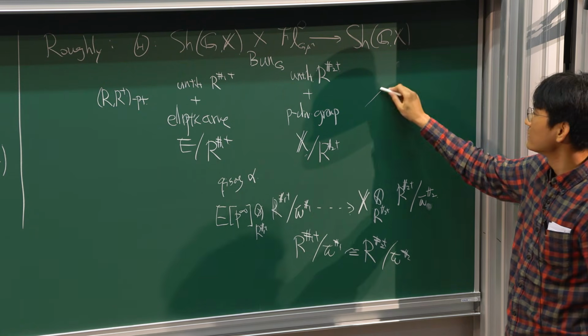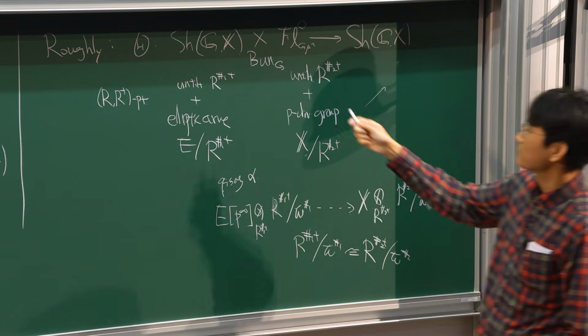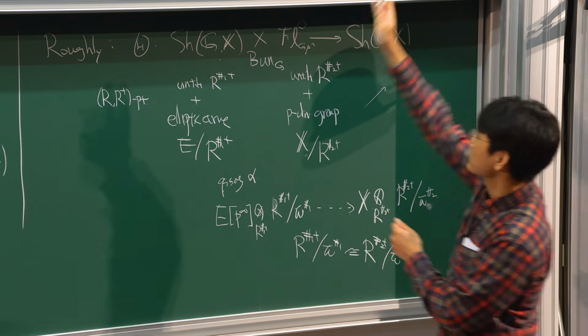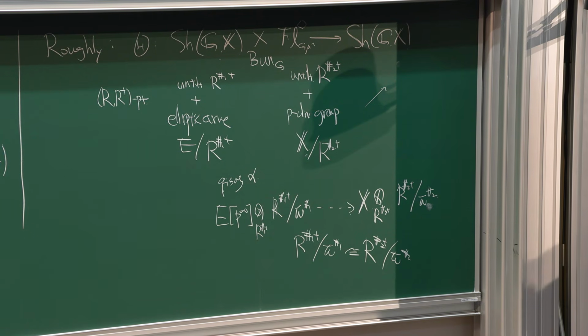And then I get something here, and it's a uniformization in the sense that if I take a point here and just look at this fiber, I'm mapping a Rapoport-Zink space into the Shimura variety. So it's doing this uniformization in a global family over the entire Shimura variety.